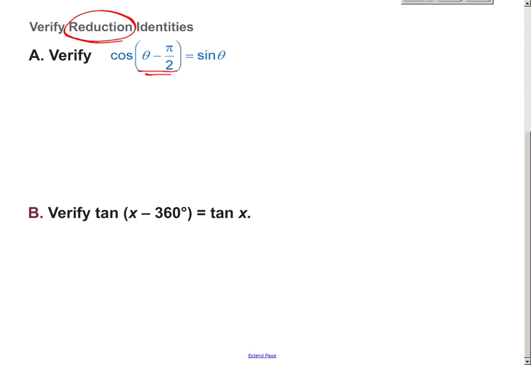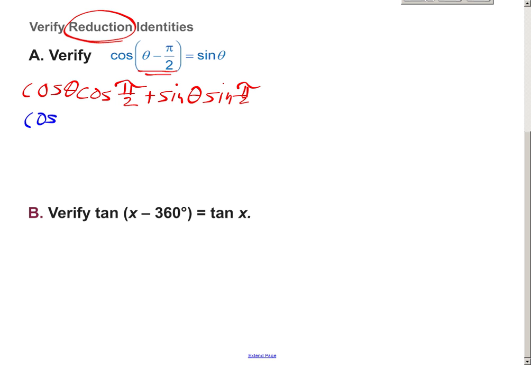So using, again, our cosine difference identity, we write this as cosine of theta cosine pi over 2 plus sine theta sine pi over 2, and evaluate the parts we know. So we know that the cosine of pi over 2, just as we had in the last example, is 0.